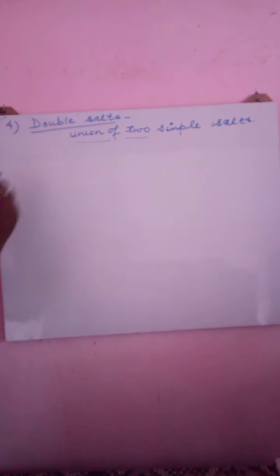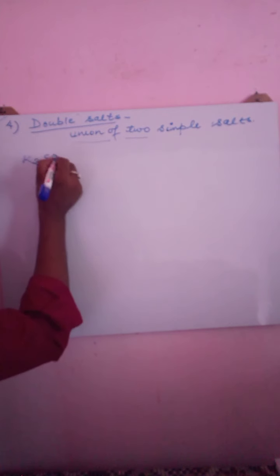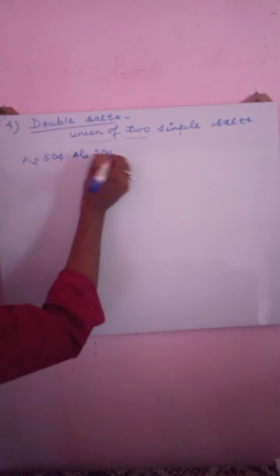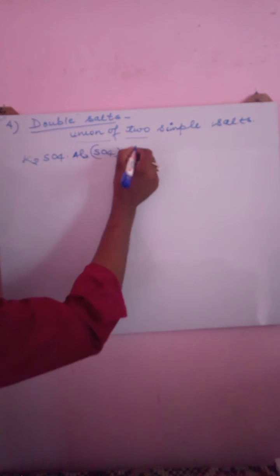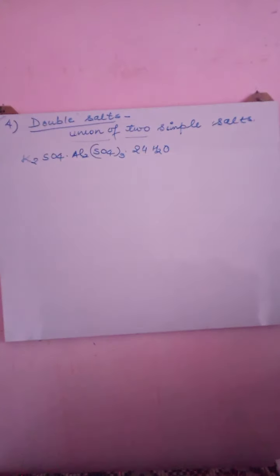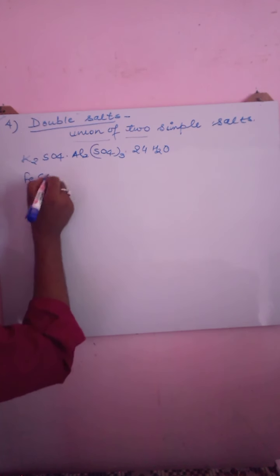For example, potassium K2SO4.Al2SO4 whole thrice.24H2O. It is a type of double salt. One more example we can see: ferrous ammonium sulfate, Mohr's salt.